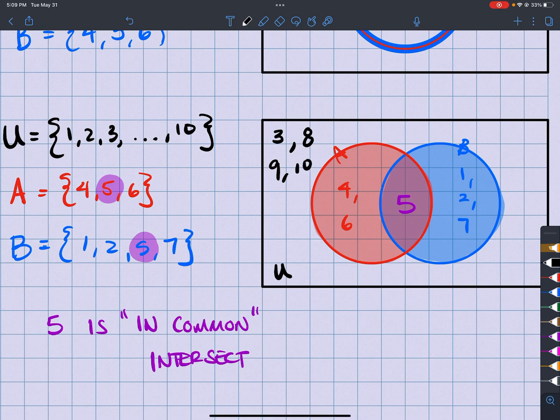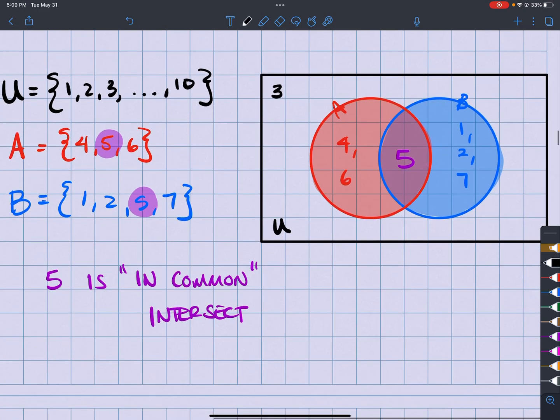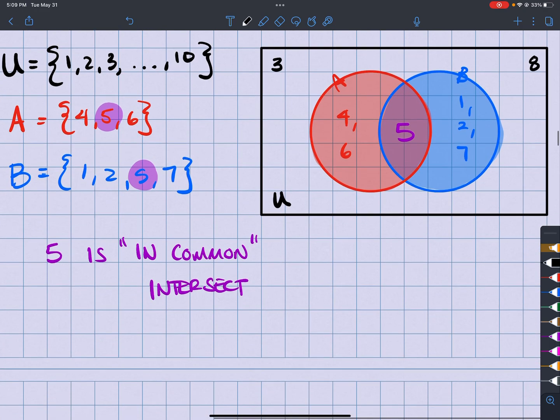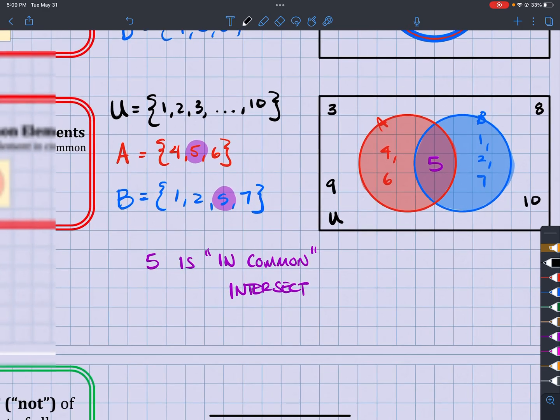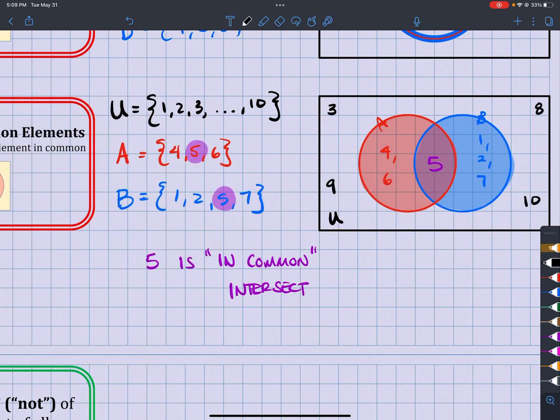Okay, so it doesn't matter where you really put the universal set. I could just easily go, okay, so I have the 3 here, the 8 here, the 9 here, and the 10 here, right? I can easily do that as well. It doesn't have to be all clumped up in one place. It's easier to read if it's clumped up in one place, but I don't have to do that, okay?